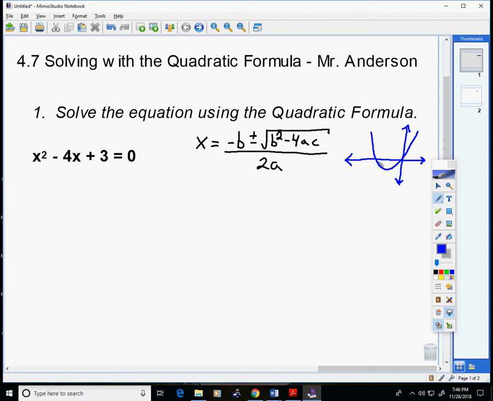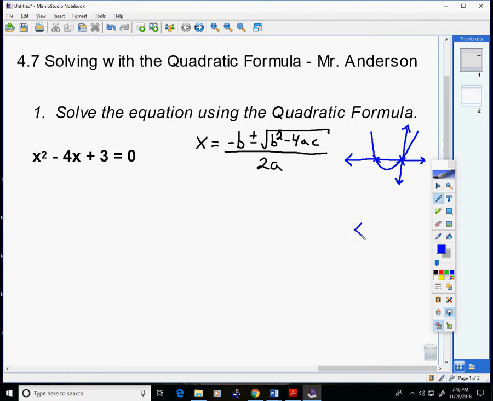I could have a situation where I am crossing over the x-axis in two different spots. Where it crosses over the x-axis, that is this x value that I'm getting here. So I could have two answers, since my parabola crosses over the x-axis in two spots.